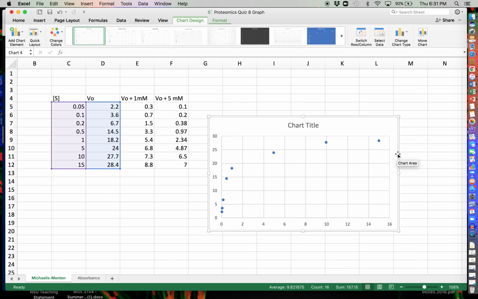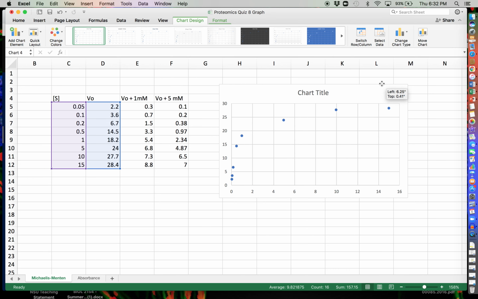Now, ultimately, our goal here for this amount of enzyme that we're using, and keep in mind your Vmax value is going to change depending on how much enzyme you included in your reaction, but for this amount of enzyme, we want to determine the Vmax and then also the Km. The Km actually will be the same no matter how much enzyme you add. So we want to calculate both the Vmax and the Km here.